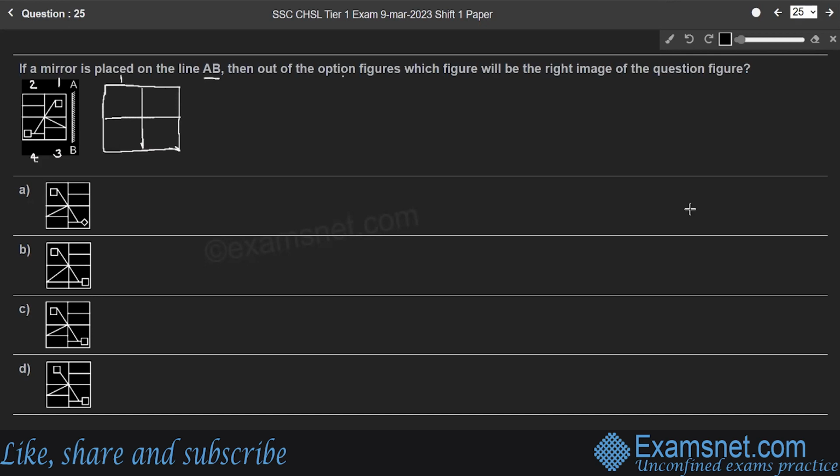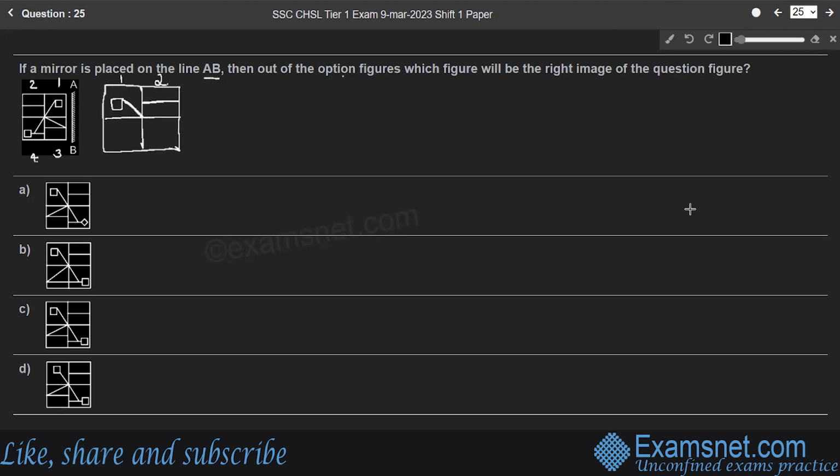The image of the first part will be like this, since the first part is not symmetrical. Whereas the image of the second part, since the second part is symmetrical, looks exactly the same as the original, the same as the question figure.